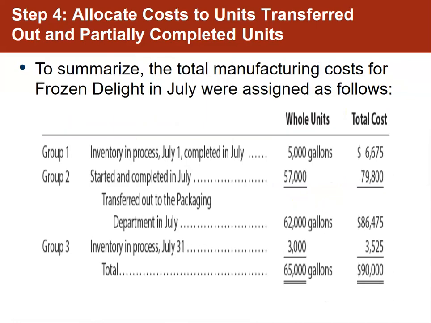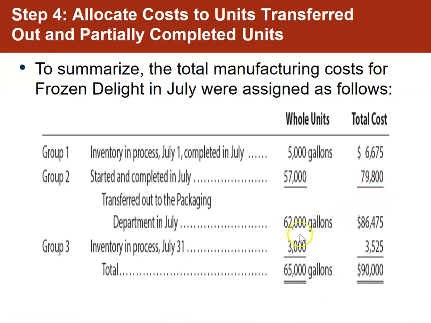And here's our total final allocation of cost. Group 1 is 66.25. That was 62.25 in beginning work in process plus the $450 of conversion costs added during the period. We looked at the 57,000 started and completed. That's 100% complete as to materials and conversion costs, totaling 79.8.